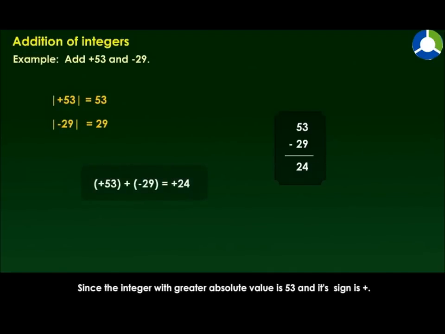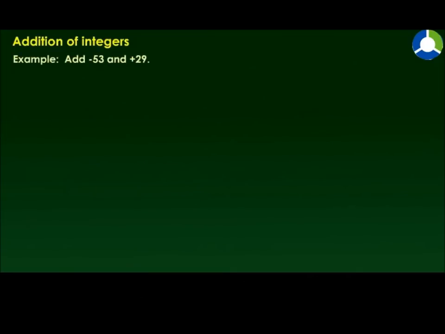Since the integer with greater absolute value is 53 and its sign is positive, positive 53 plus negative 29 equals positive 24.